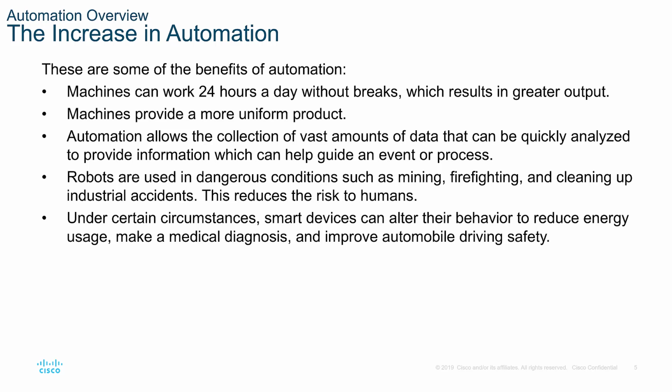Under certain circumstances, smart devices can alter their behavior, can produce better results than a person can. So right now, I have smart lights, I have a smart thermostat, and I have a smart watering system. My sprinkler will water or not water based off of the temperature of the day.